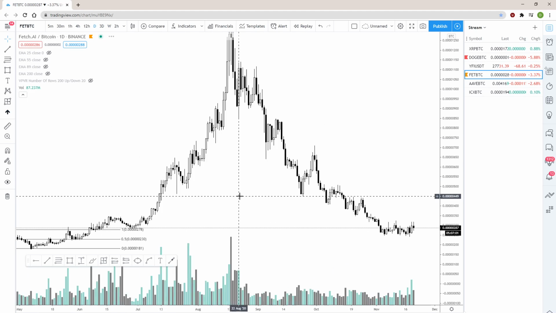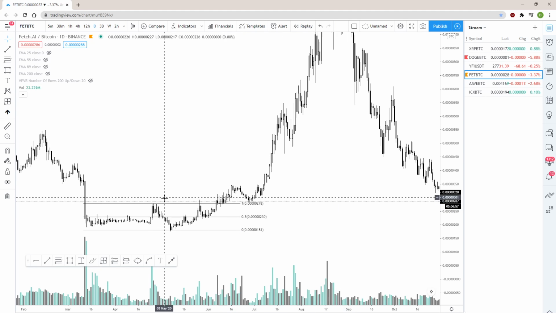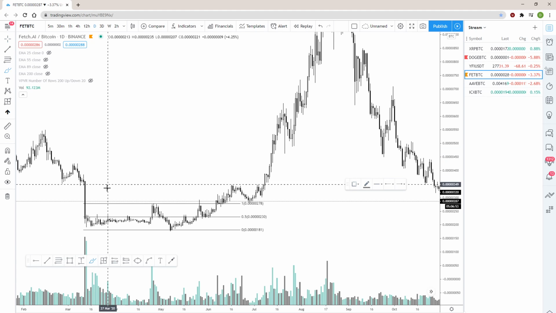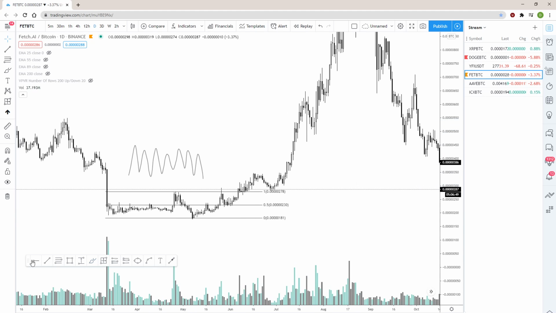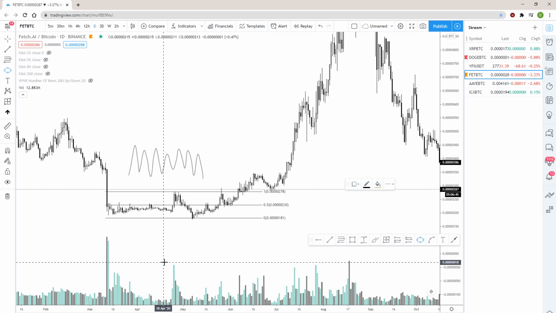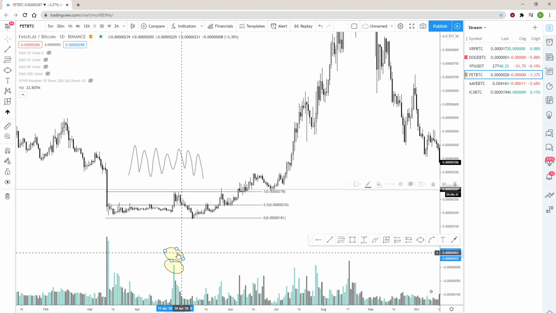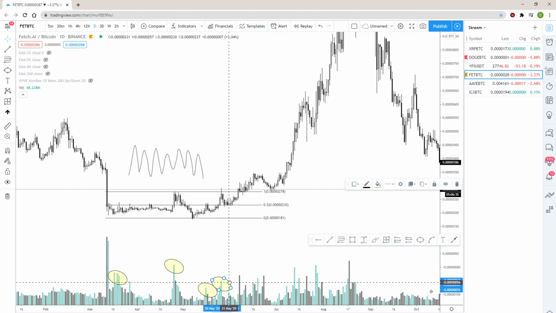And what are you looking for on the range? You are looking for price to have somewhat equal highs and somewhat equal lows, just going back and forth. But always, in hindsight, you can see that people are accumulating. So you see big buy volume, but you don't see price move very much.